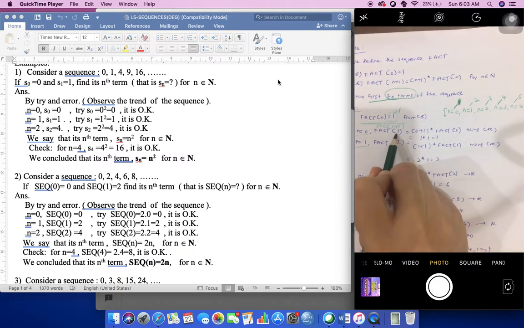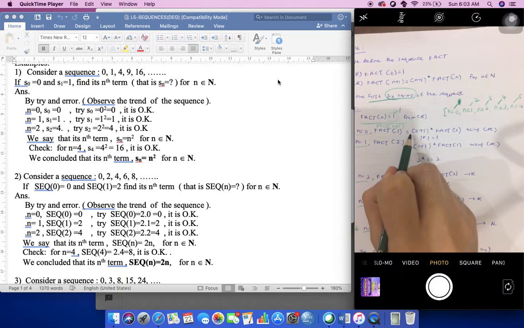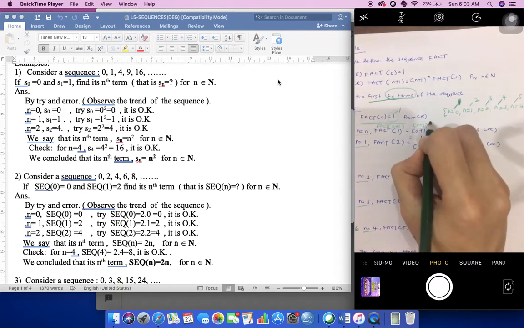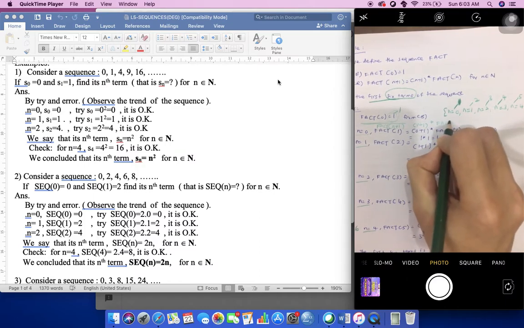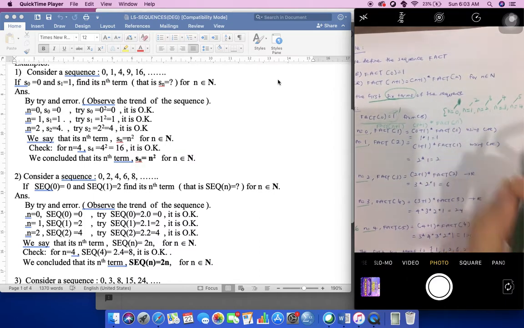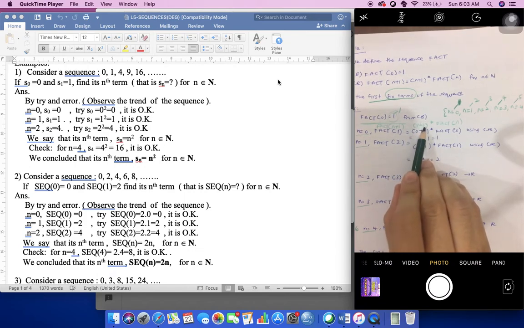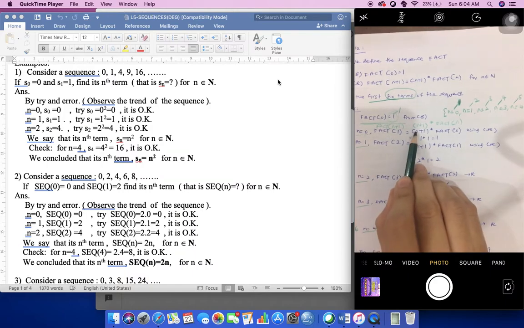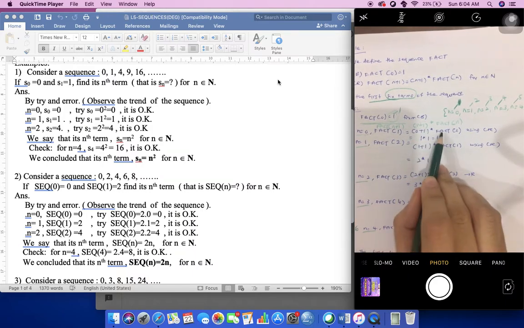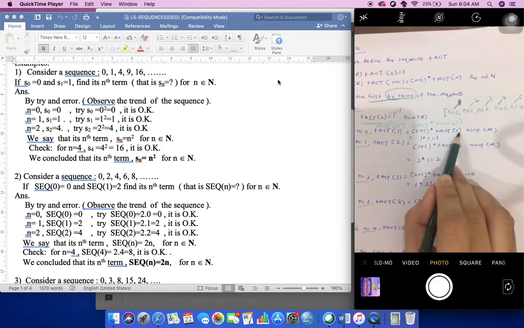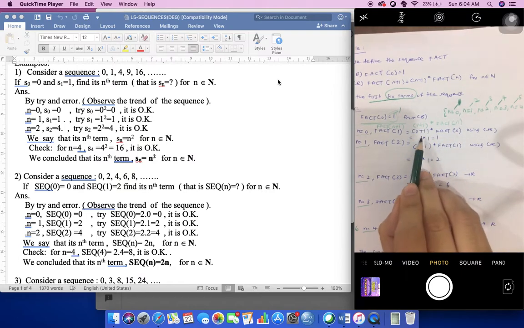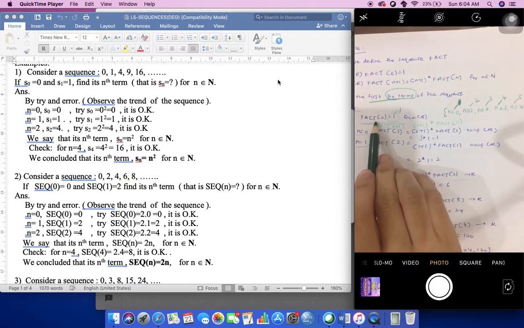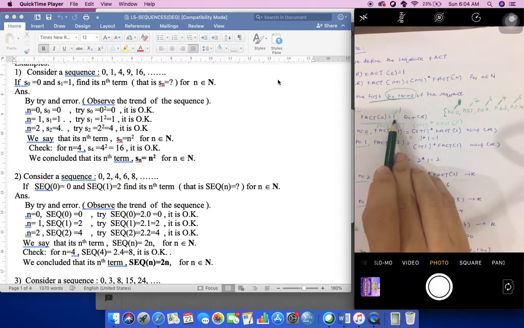So factorial 1 equal to n plus 1 times factorial n. n here is 0, so 0 plus 1 times factorial 0. 0 plus 1 is equal to 1, and factorial 0 is equal to 1.